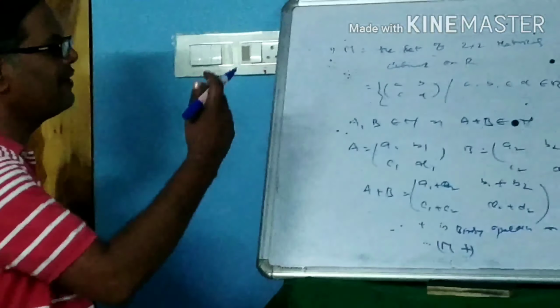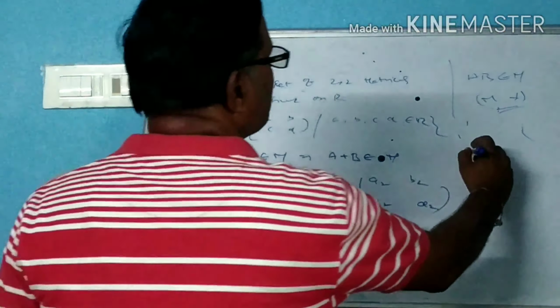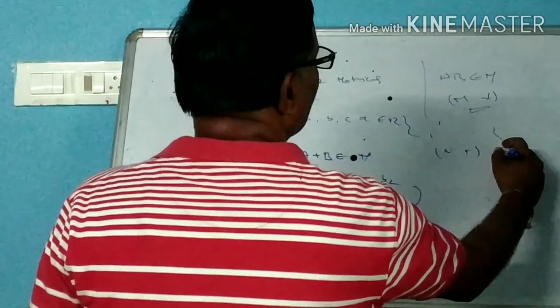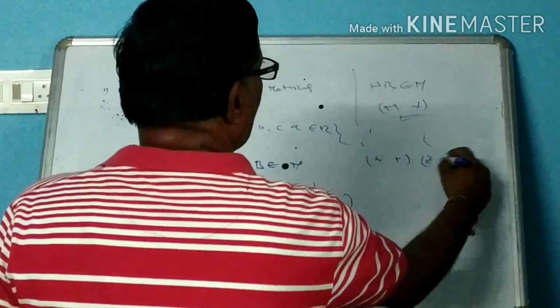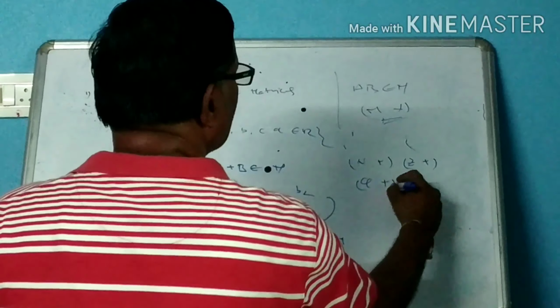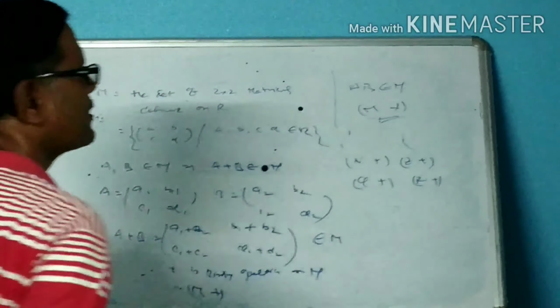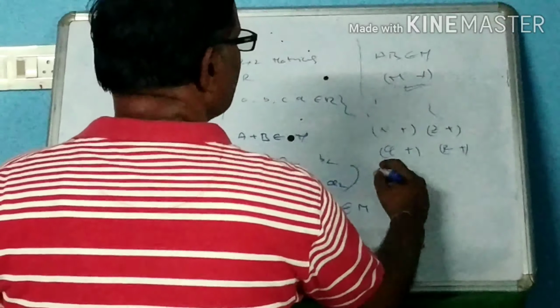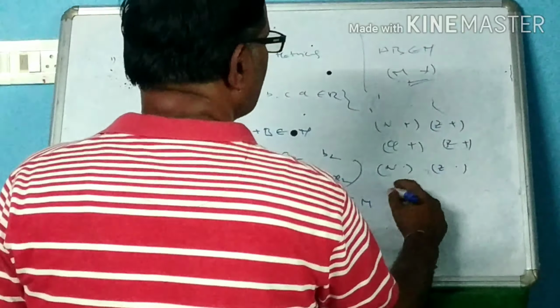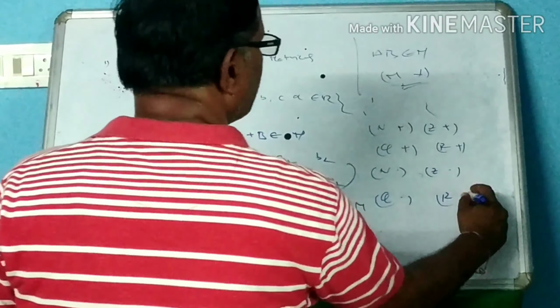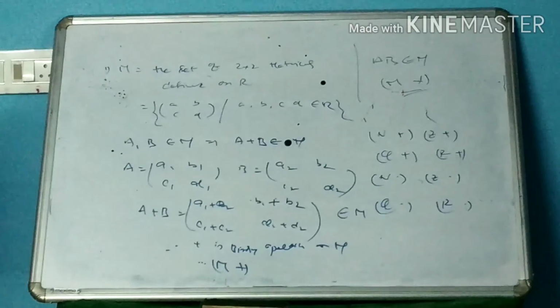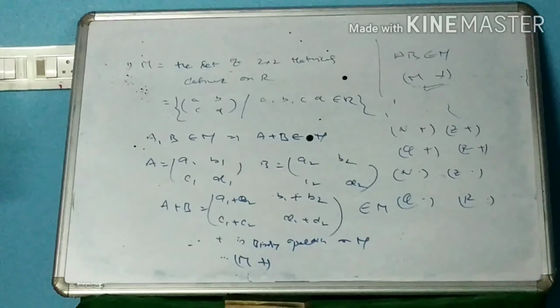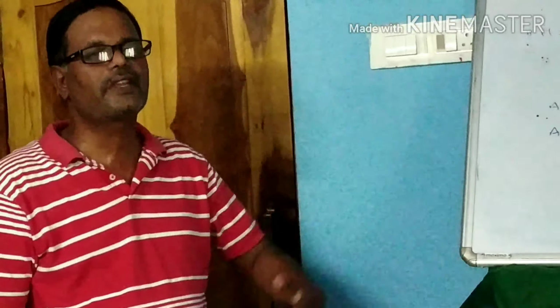We learned previously that (N, plus), (Z, plus), (Q, plus) and (R, plus) are algebraic structures. Similarly, (N, into), (Z, into), (Q, into) and (R, into) are algebraic structures. In this way, so many examples we can give.